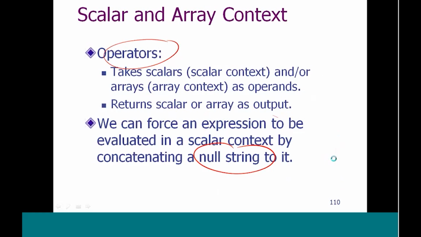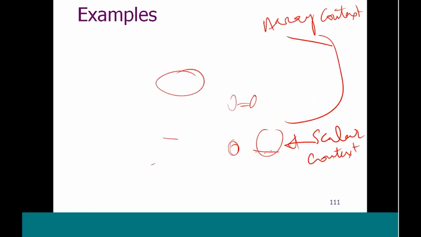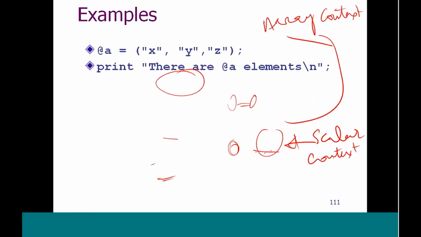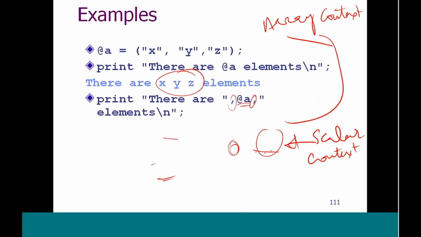Then we formalized the concept of the scalar and the array context. The first one is how to represent the array itself in a scalar and an array context.